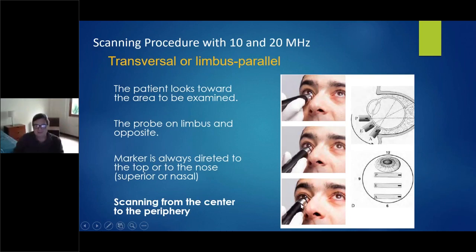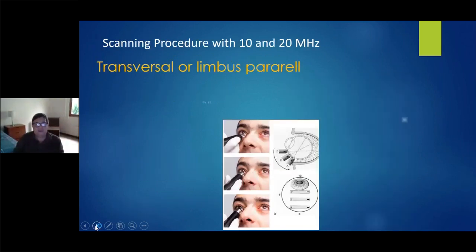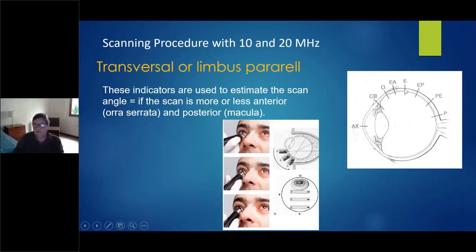And if you continue moving the probe, you can go to the periphery or very anterior part in transversal scans. Okay, again, from the very beginning, up, you're in posterior, then equator, posterior near to the equator, and near to the equator, ora serrata, ciliary body.